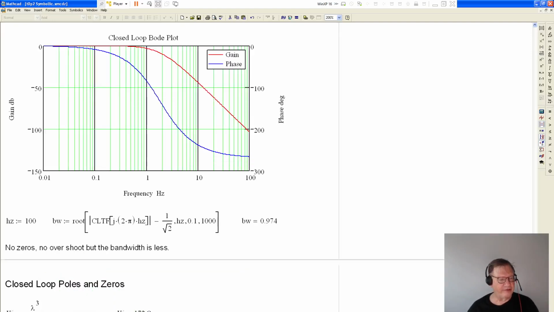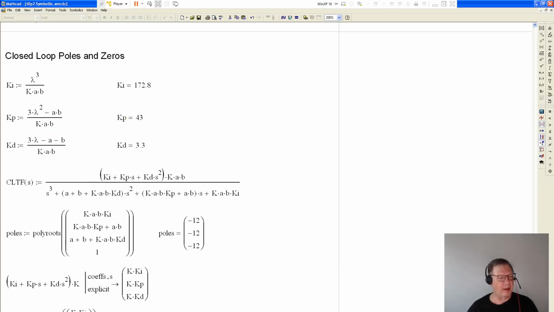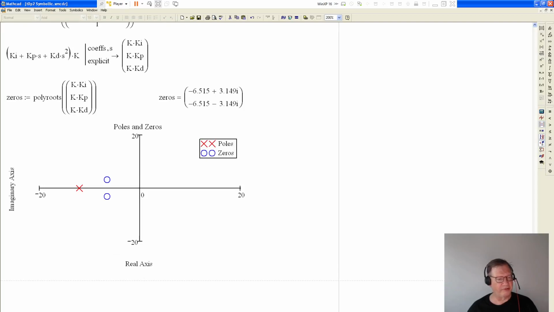So without zeros, you can see that there's no overshoot, but there's more phase lag. There are 3 poles here. The phase lag is 270, 3 poles times 90, 270. And then let's plot out the closed loop poles and zeros. And you can see the zeros are too close to the origin.